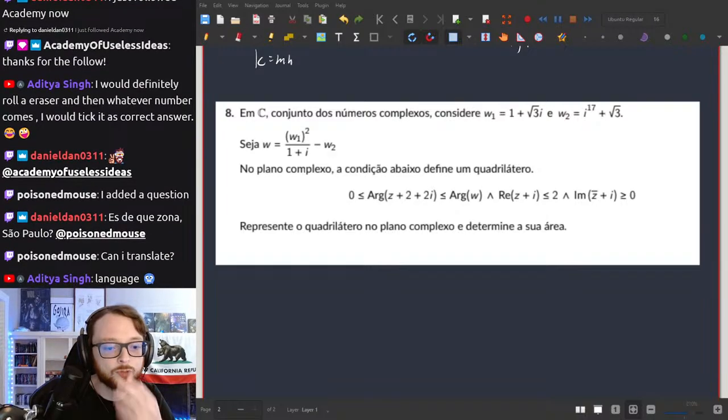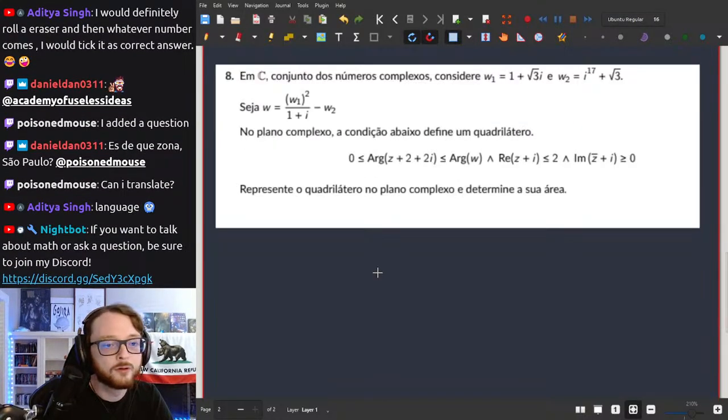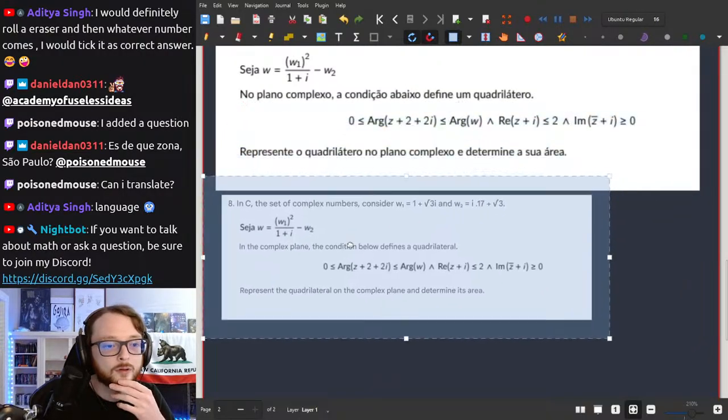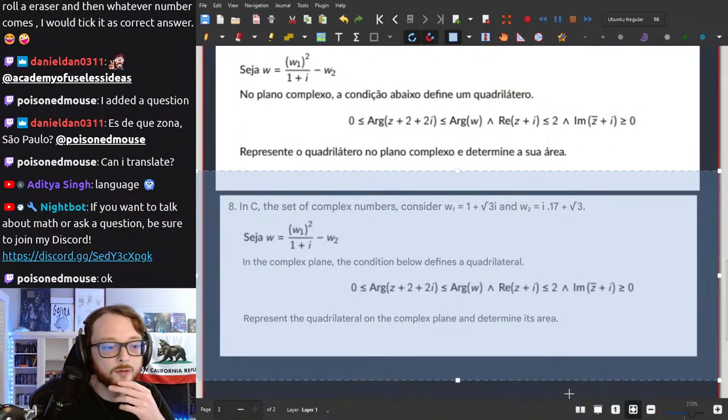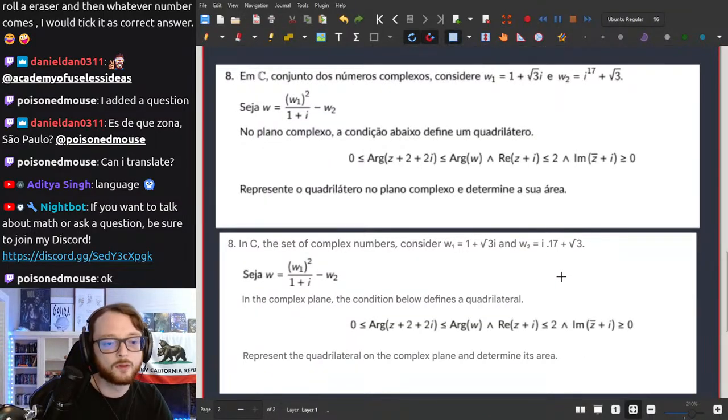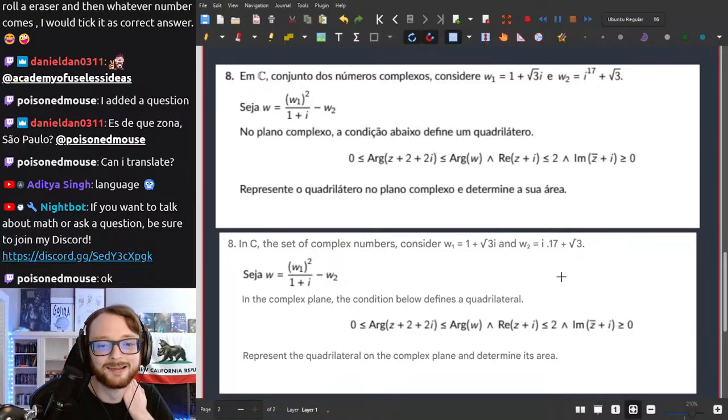Let me see what Google Translate comes up with. And see the set of complex numbers. Oh, I really didn't need Google Translate for this. I should have just tried to read it first, because this is actually really similar to the English.